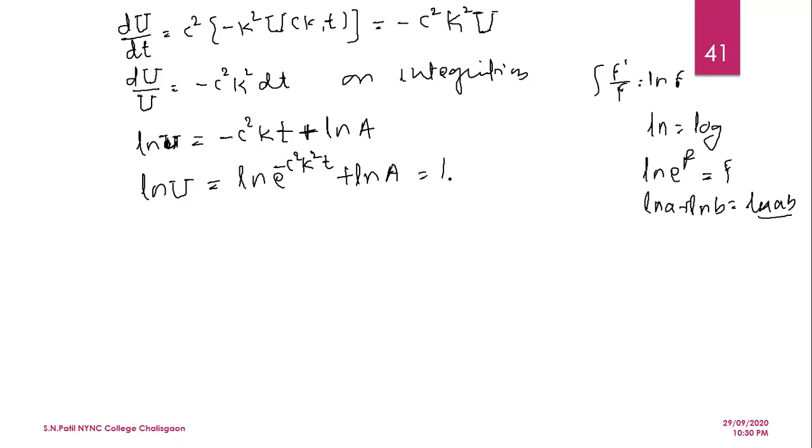We get ln of a into e to the power minus c square k square t. So taking antilog on both sides, we get capital U is equal to a into e to the power minus c square k square t. Capital U is nothing but the function of k and t, and this is equation number 4.